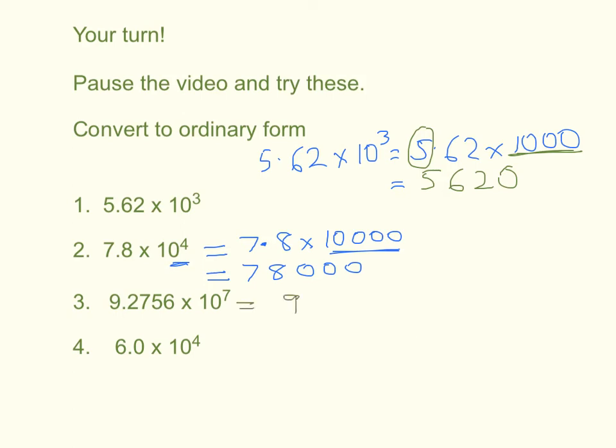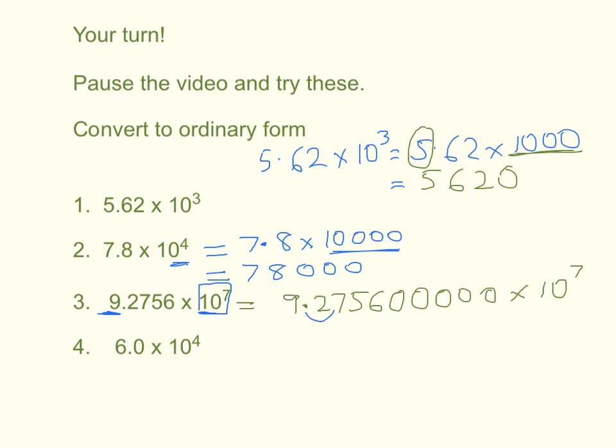So 9.2756. I'm going to whack some extra zeros in now. Okay, it doesn't really matter how many, enough that you'll not run out of them. Okay, so now we're going to bounce our decimal place 7 places right, because the place value of the 9 in the end needs to be worth 9 times 10 to the power of 7.